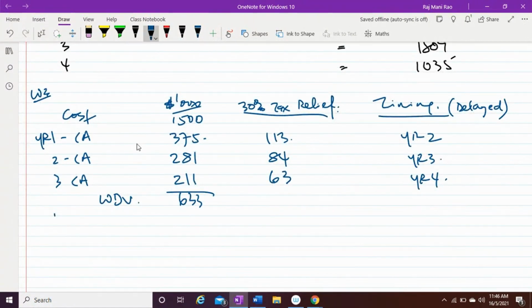All right. So your disposal is 100. So in year 4, there's a balancing what? The written down value is 633, but you sold it for 100,000. So there's a balancing what?